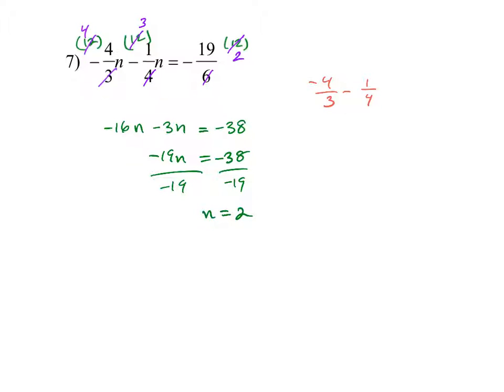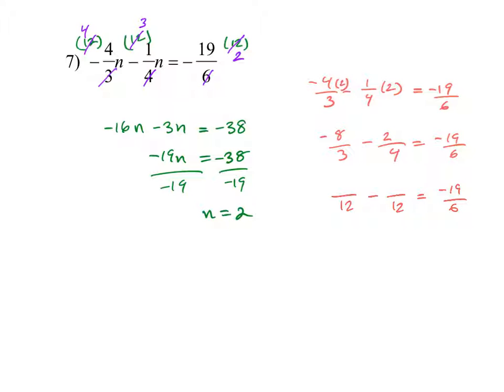So 1/4 times 2, wait, I missed a 2 right here, equals negative 19 over 6. Right, so I have negative 8 over 3 minus 2/4 equals negative 19 over 6. Now I'm going to find a common denominator between 3 and 4. So it's 12. This is 12 minus 12.